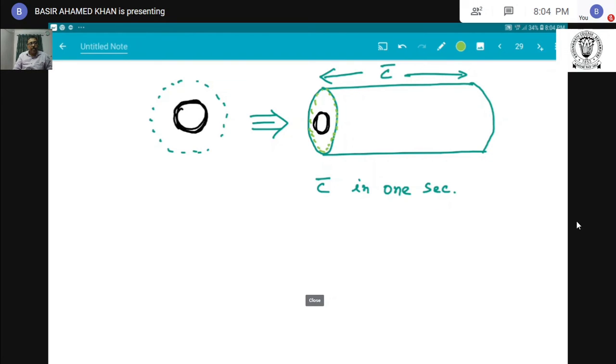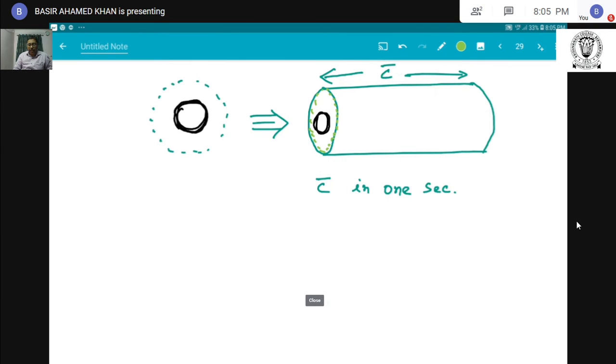Here I assume a cylinder of length c bar in 1 second, and the molecules lying in this cylinder are colliding with the moving black molecule.